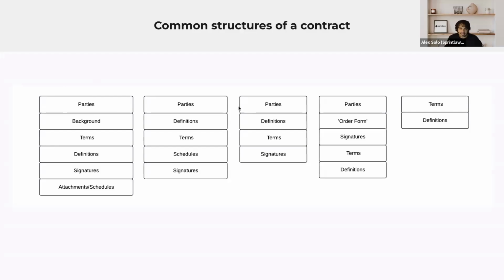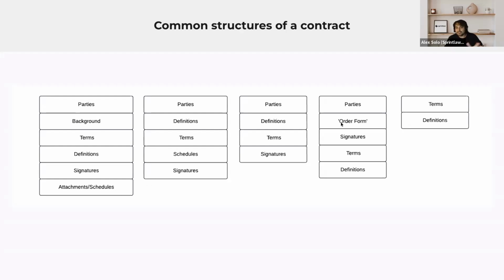We have the parties at the beginning, we have the definitions at the beginning or at the end. Sometimes we have a background section, which, if it's a long contract, lawyers will often use to say, this contract is about XYZ, and give a couple of paragraph summary as to what's going on. Usually it's not part of the legal terms, just to make it easy to know what's happening. Then we have the terms section, and at the end we'll have the signatures and the schedules.